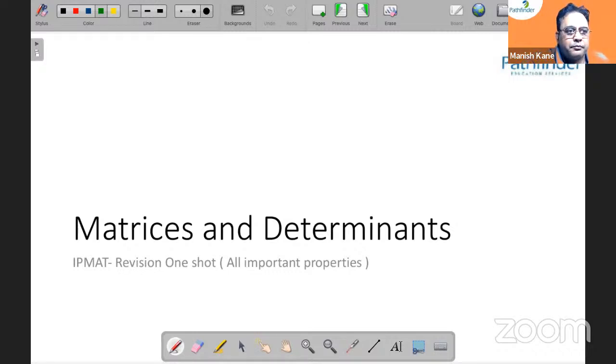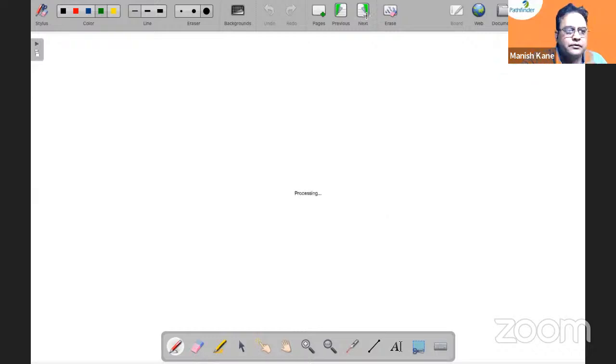Be with me till the very end, and you should gain from this session. Matrices and determinants is one topic from which you have one question almost every year in the IPMAT IIM Indore exam. So let us get started.